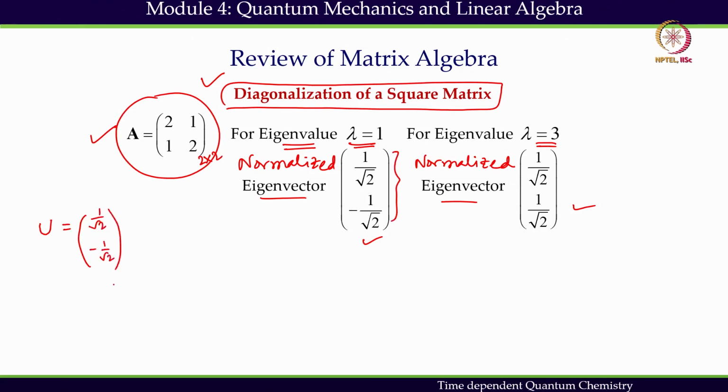Another eigenvector we have is 1 by square root of 2, 1 by square root of 2. So, I am defining a new matrix now.